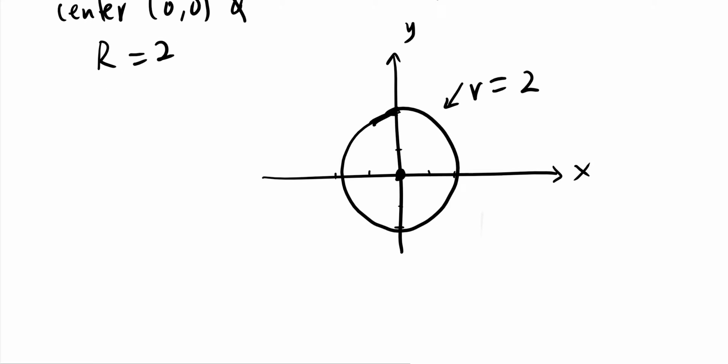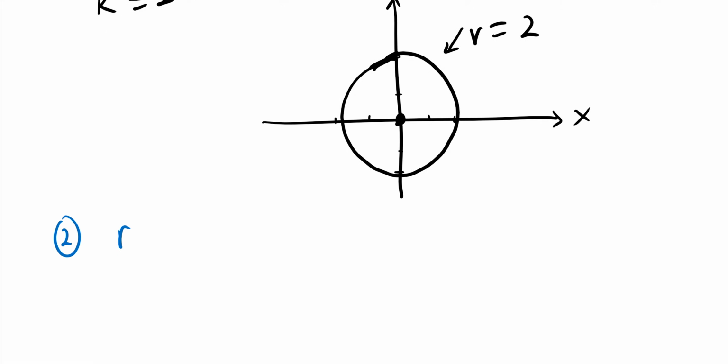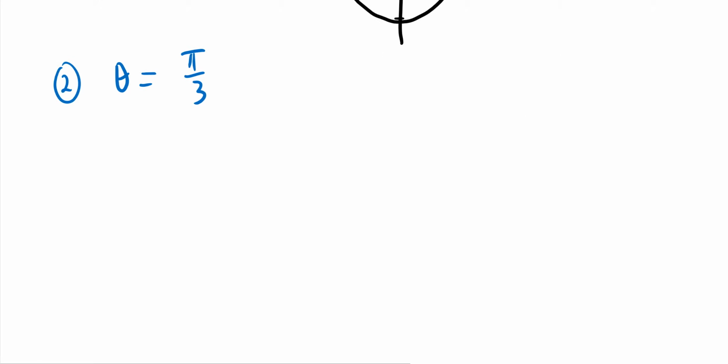What about if we need to graph theta equals pi over 3? Again, there are many ways to do this. You can pick values to get r and theta, or take tangent of both sides of this equation.